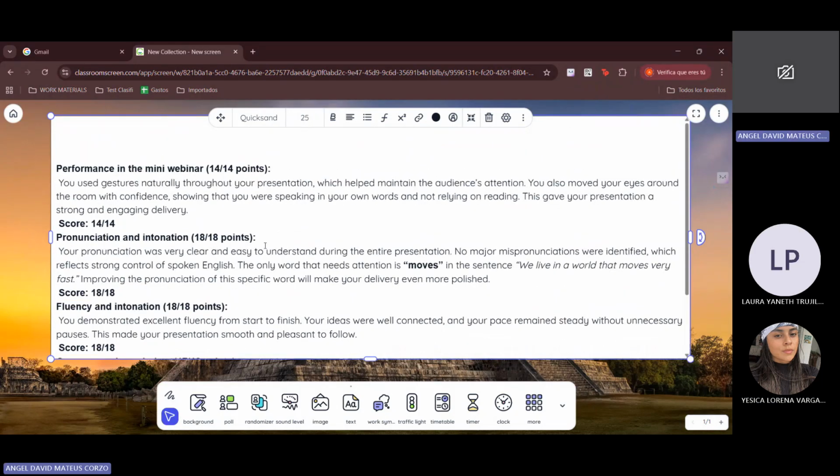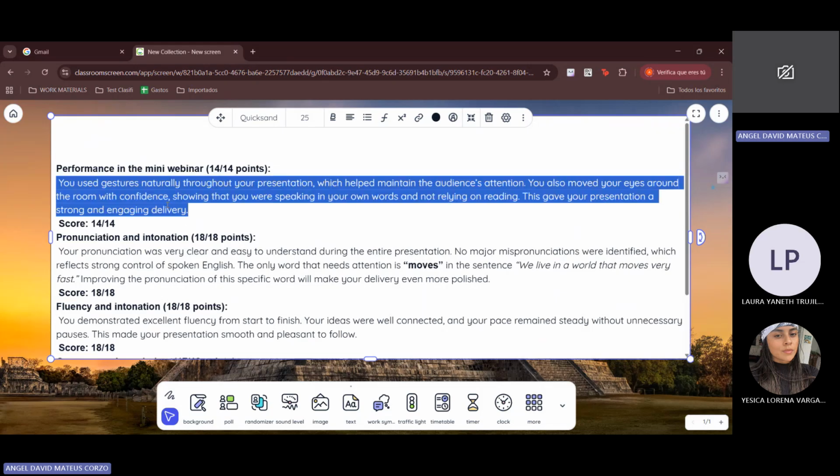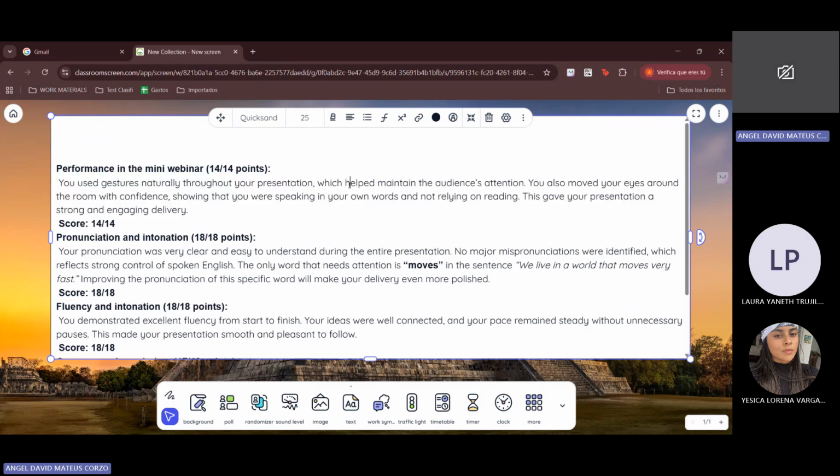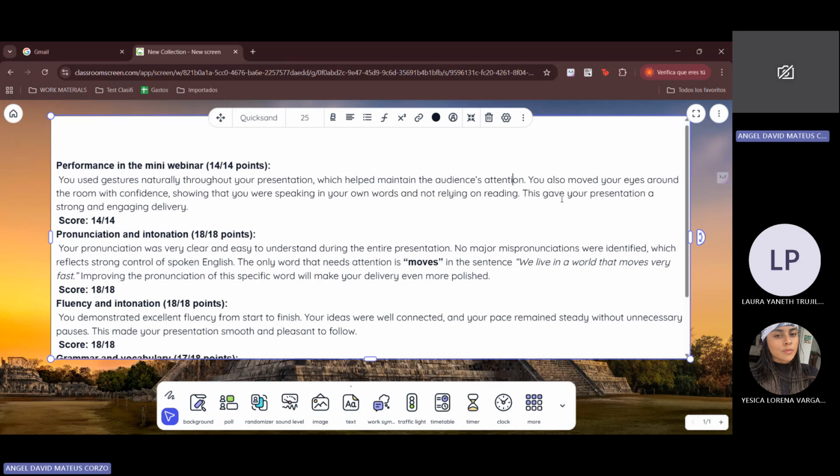Okay, so as for the performance, you used gestures naturally throughout your presentation, which helped maintain the audience's attention. You also moved your eyes around the room with confidence, showing that you were speaking in your own words and not relying on reading. This gave your presentation a strong and engaging delivery.